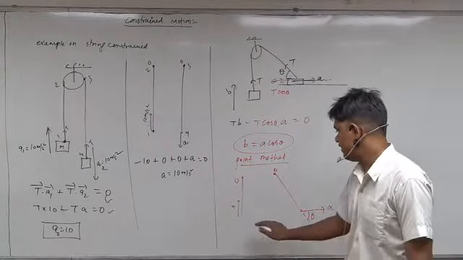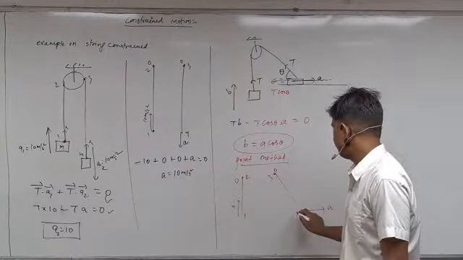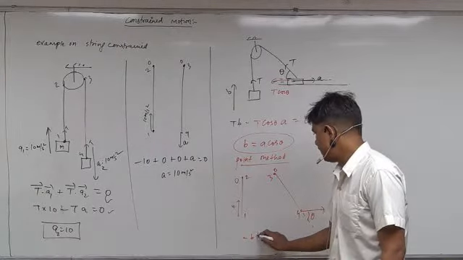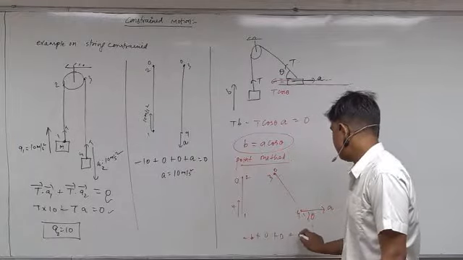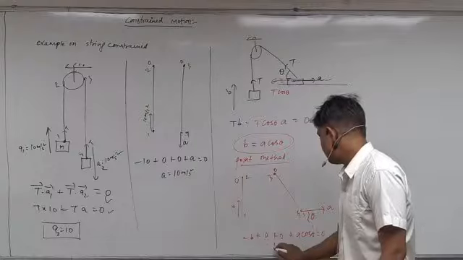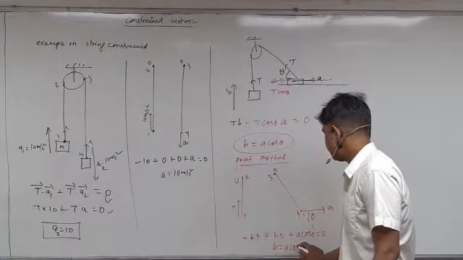So here if I name these points 1, 2, 3, and 4, you will write minus B plus 0 plus 0 plus A cos theta equals 0, and you will get B equals A cos theta.